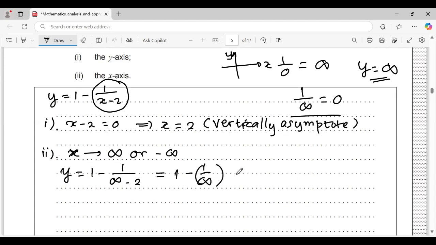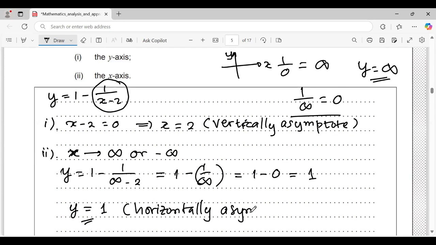And this is 0, so it's going to be 1 minus 0, and it is 1. So the horizontal asymptote equation is y equal 1. This is the horizontal asymptote.